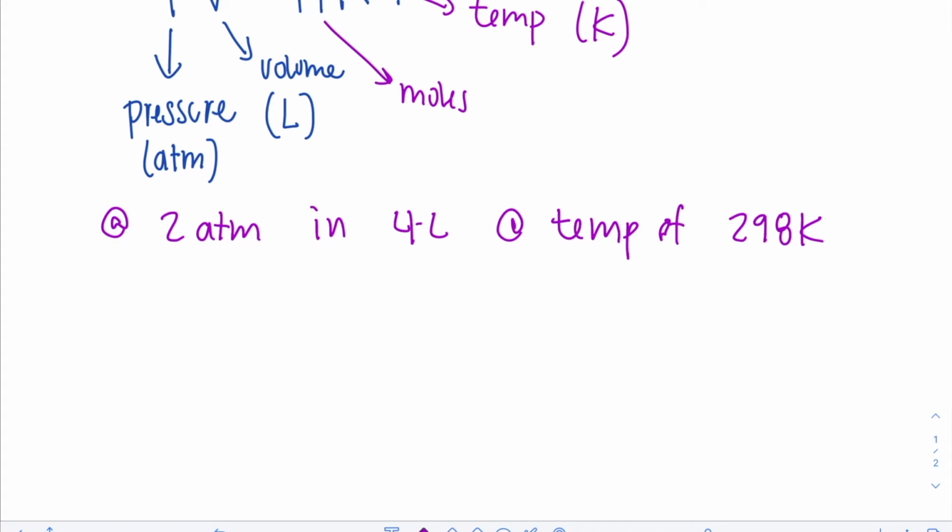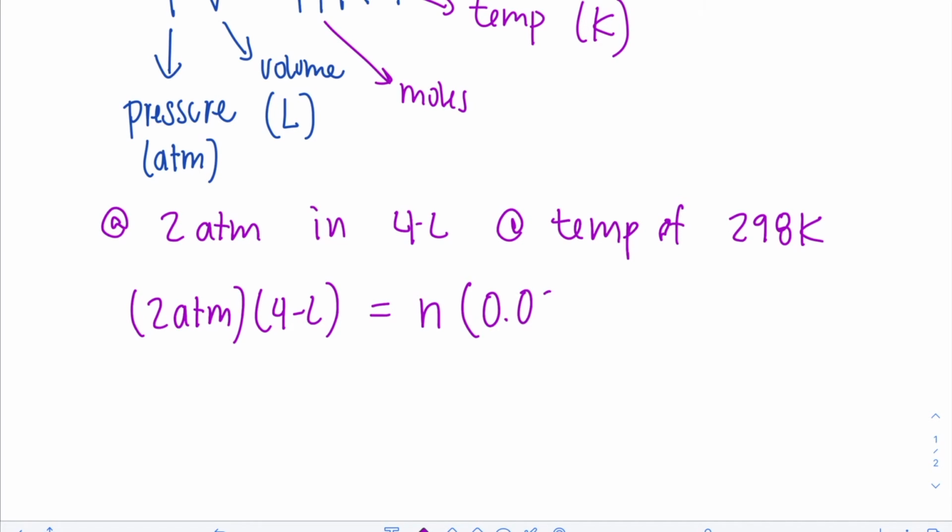So we would put it into our equation like this. 2 ATMs times 4 liters equals N, that's the thing we're looking for, times our R value, which is our gas constant, times 298.